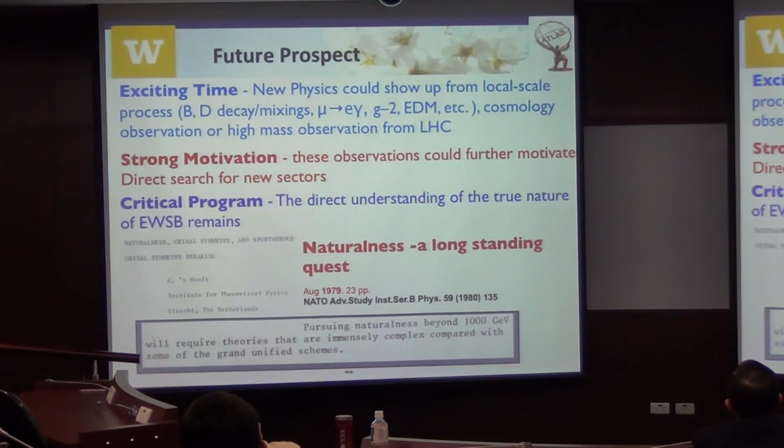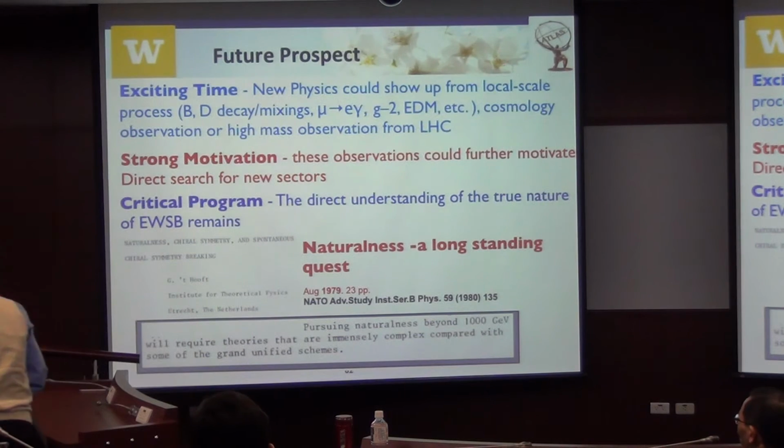It will be coupled to this exciting time, not just at the energy frontier, but also from the cosmology frontier and the intensity frontier. All of this is producing a lot of interesting results, so new physics might show up from those new experiments.